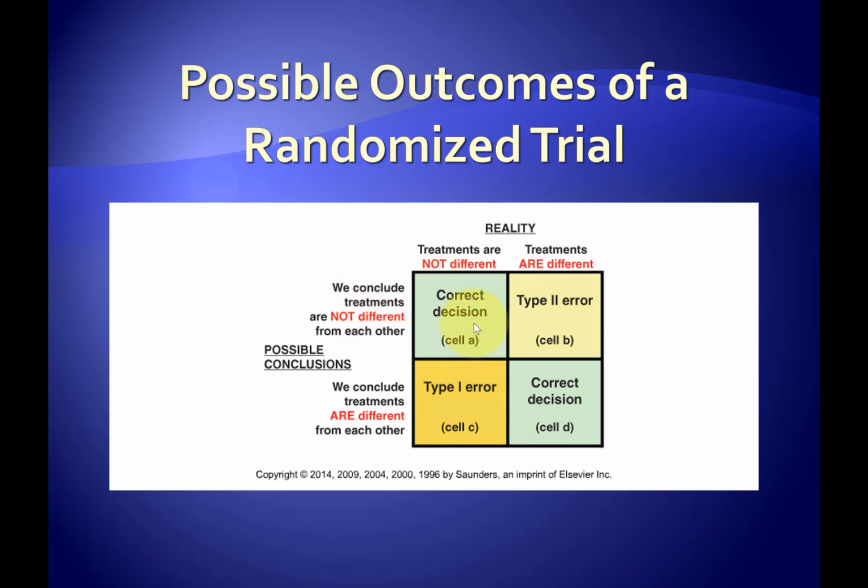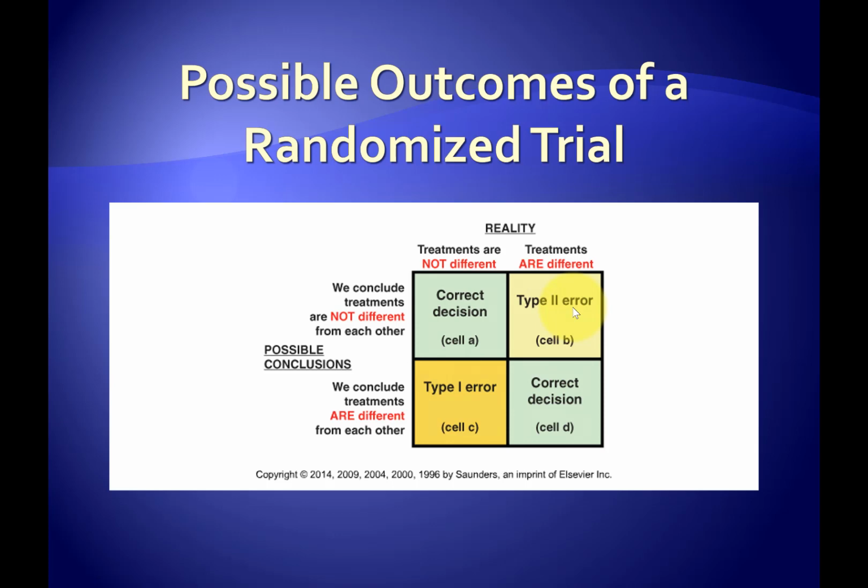Scenario number 2, there is also the probability that we run the experiment, we didn't have a large enough sample size, and although we concluded that there's no difference between the two groups, in reality, there is a difference. We just didn't have a big enough sample to get a significant result, so we end up with a false negative result, which is a type 2 error.